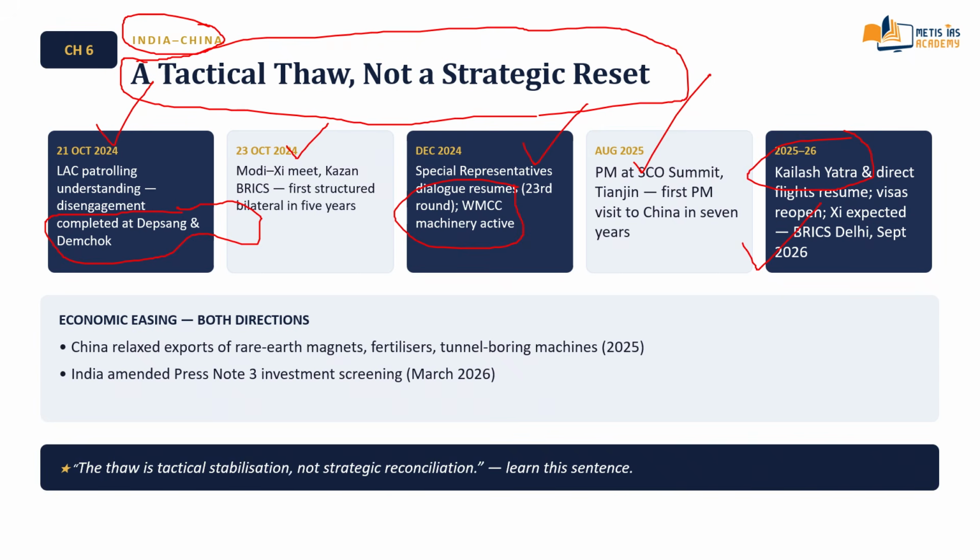The vulnerability this chapter warned about, that is the trade deficit. And a new concern has emerged upstream, that is China's approval of a mega dam on the Yarlung Sangpo, the Brahmaputra, which is why India has pressed for the resumption of hydrological data sharing through the expert level mechanism.